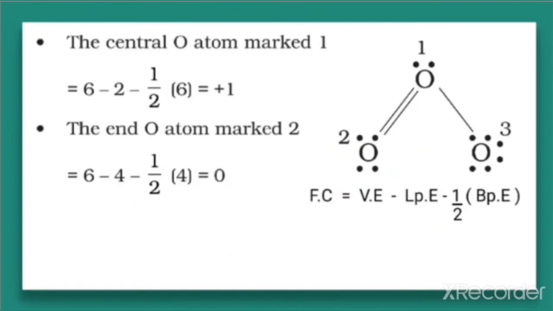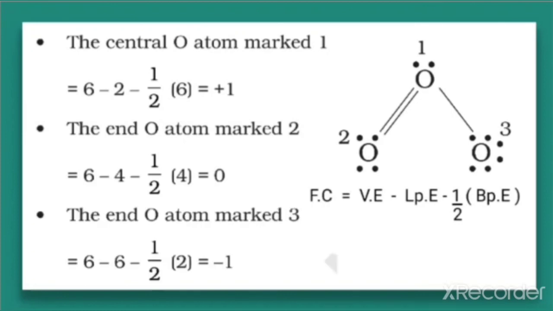In the same way, we'll be doing it for the third oxygen atom. That is an end oxygen atom marked as 3 here. We are talking about this oxygen atom. Now look at here.